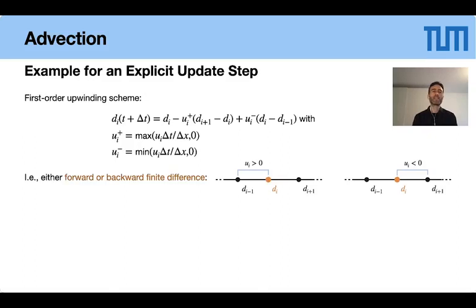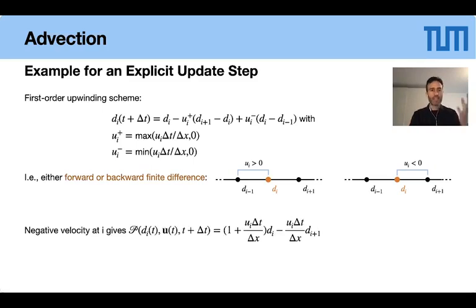Here this is illustrated again visually. In this example, we're looking at the case on the right hand side. We have a velocity that is less than 0, moving towards the left. Then we're looking at di and di plus 1 as a stencil. For this negative velocity, we get the expression at the bottom.